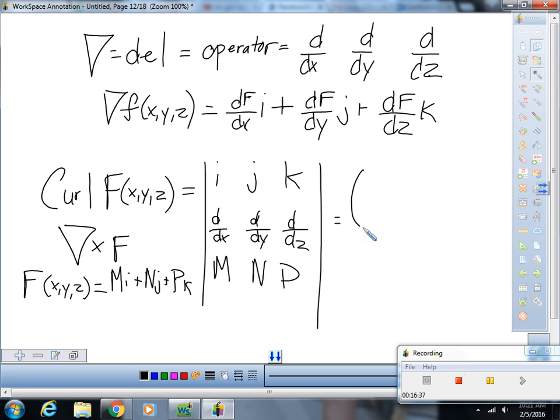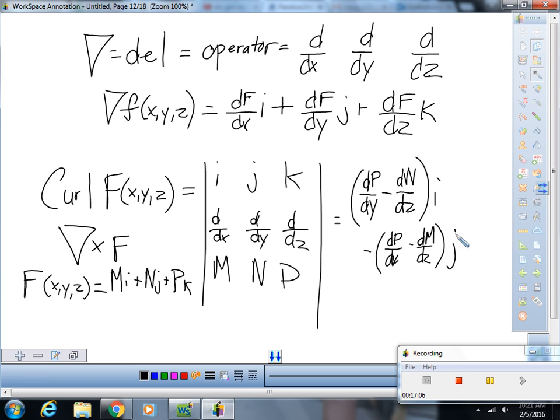Go ahead, Josh. dp dy minus dn dz i, and then minus dp dx minus dm dz j, don't forget this minus sign, and then plus dn dx minus dm dy k. Okay? That's how you find curl.